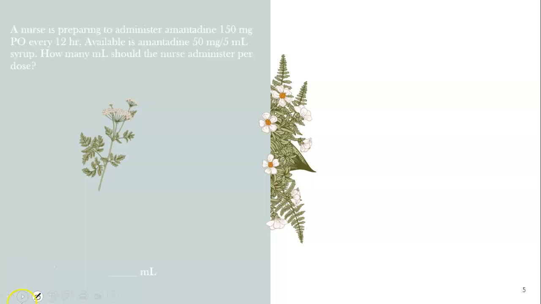So here I go on my next one. They've ordered this medication, 150. Available is that same medication. All right. And then I double check. It's asking me for mils.